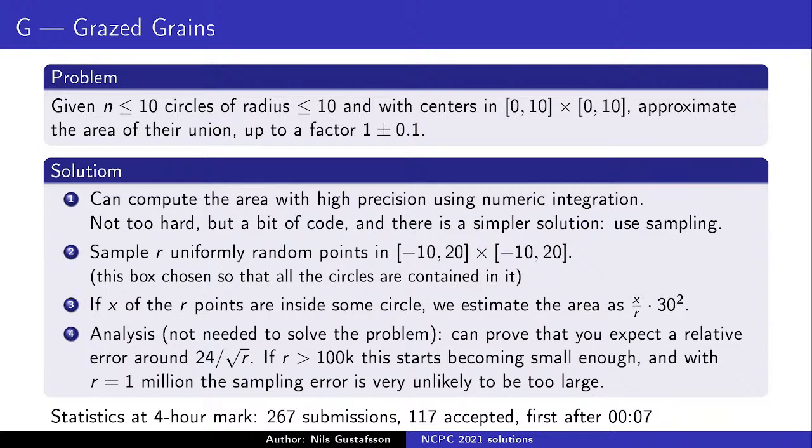It's much harder to analyze this, I would say, but you can work it out, and this is also a way of solving the problem. It requires a bit more effort to prove the correctness. So yeah, lots of ways of solving this area estimation problem.